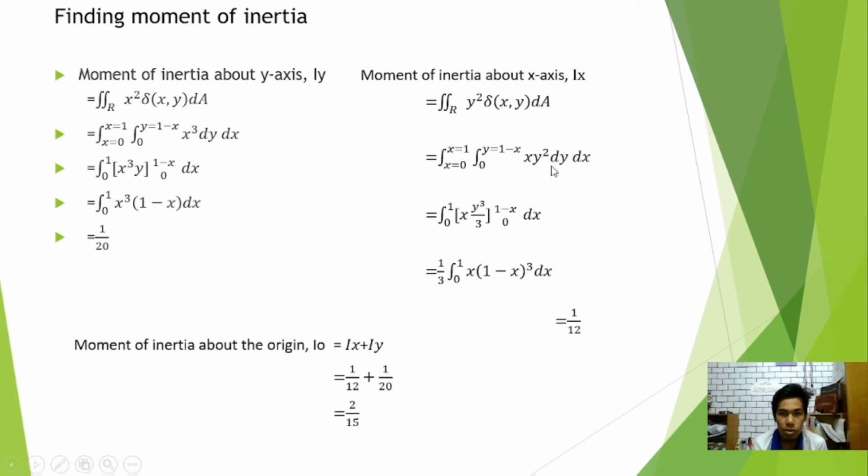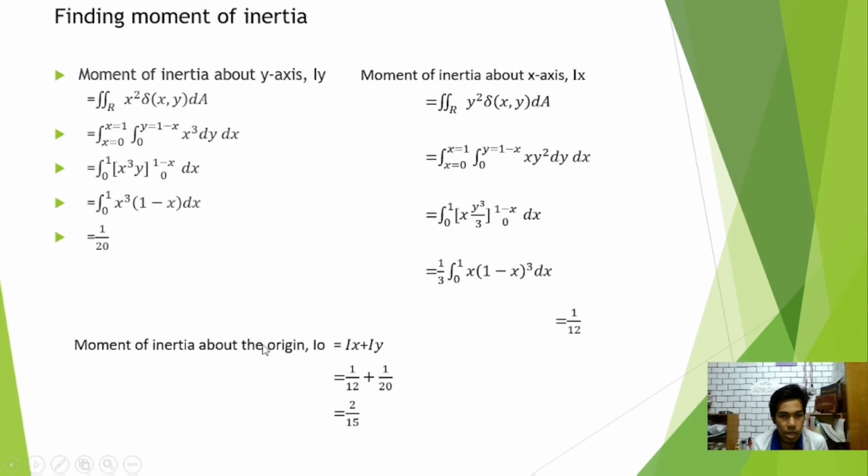We integrate dy, and we got the integral from 0 to 1 of x y to the power of 3 over 3 from 0 to 1 minus x dx, and after integrating dy we got 1 over 3 times the integral from 0 to 1 of x(1 minus x) to the power of 3 dx, and we got the answer 1 over 12.